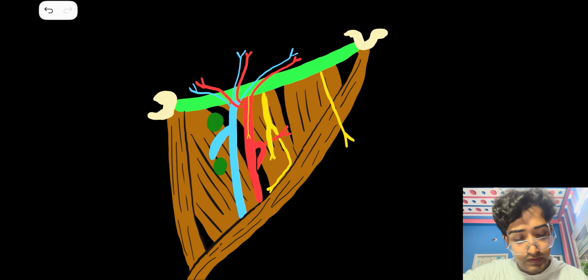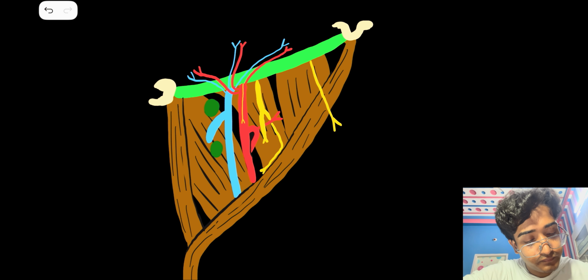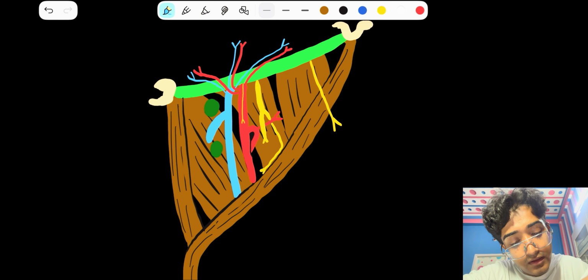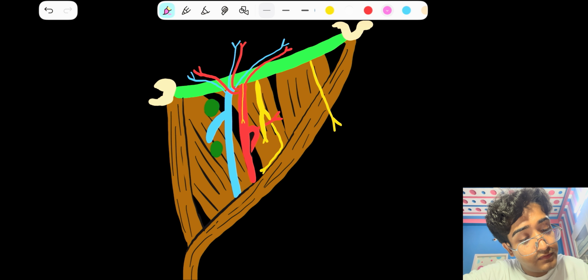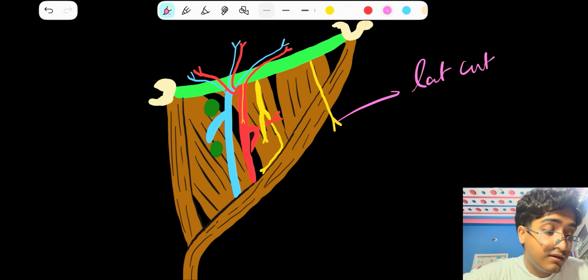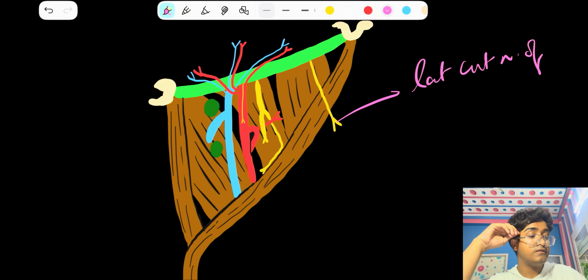This is the lateral aspect. We again have the lateral cutaneous nerve of thigh.